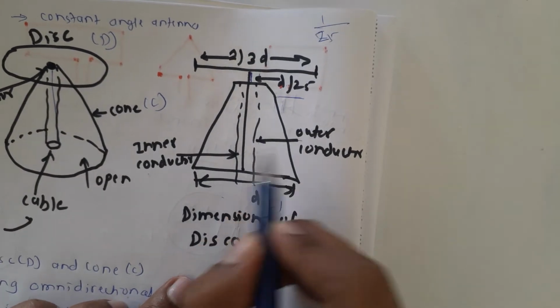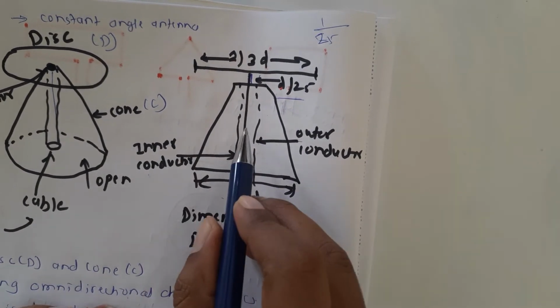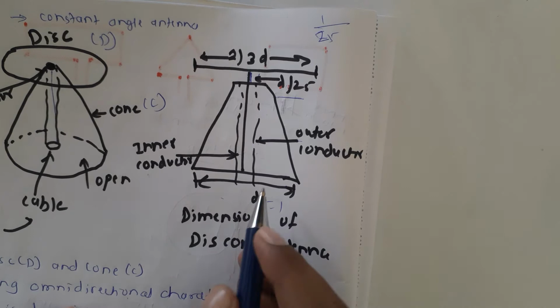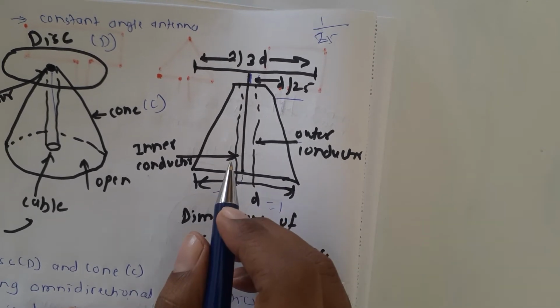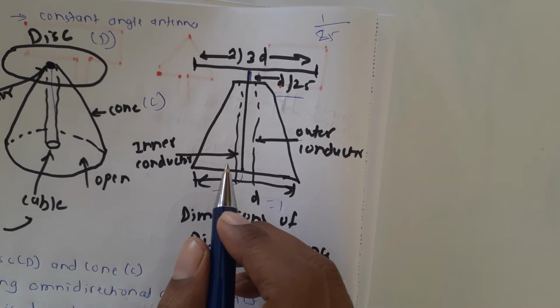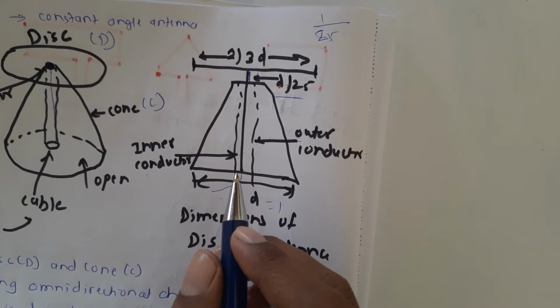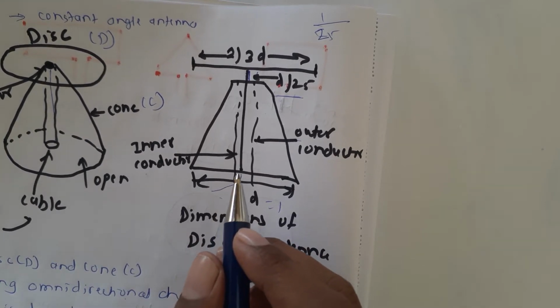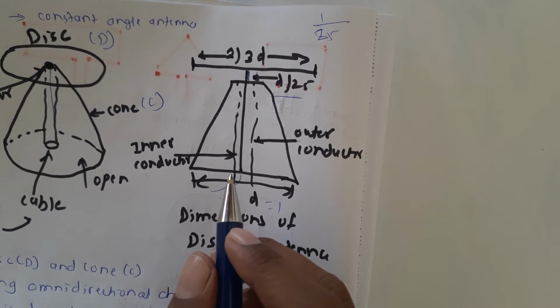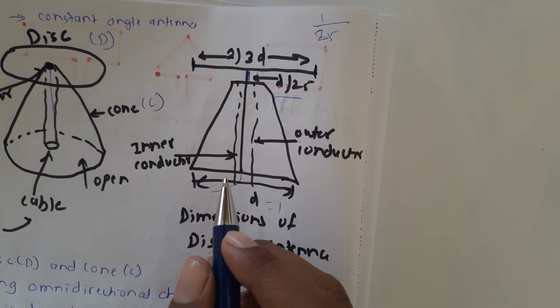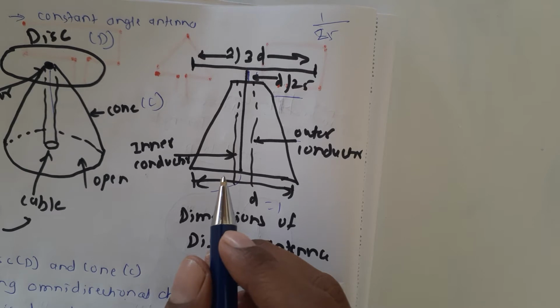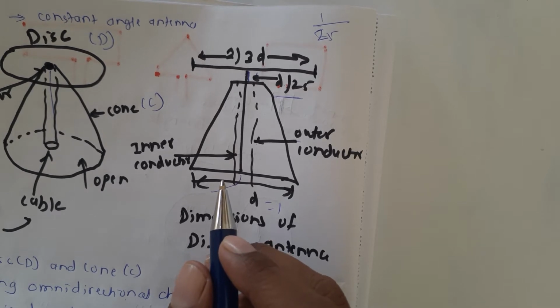Here we have the outer conductor and here the inner conductor. For the inner conductor we have connected the coaxial line, that is the feed line, where the signal will be transmitted or received. So this antenna is basically used for the transmission and reception of VHF and UHF signals.